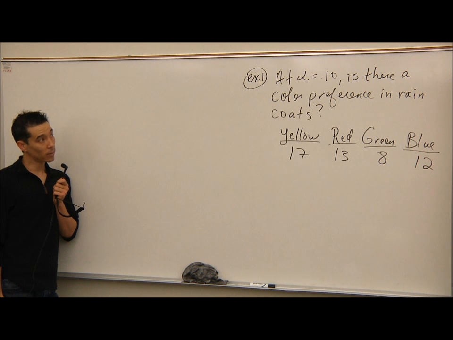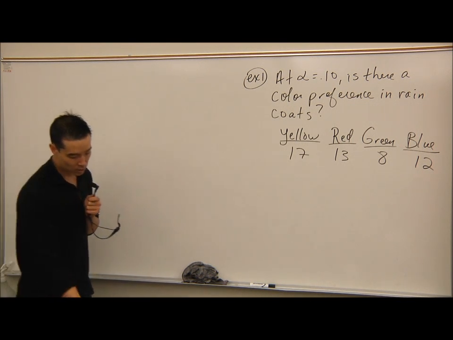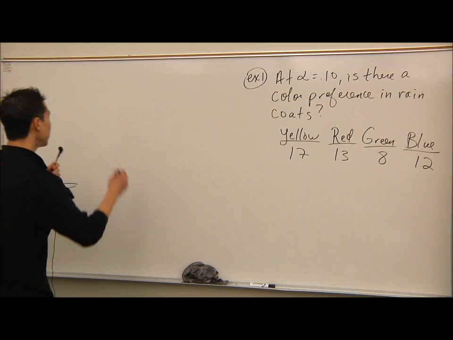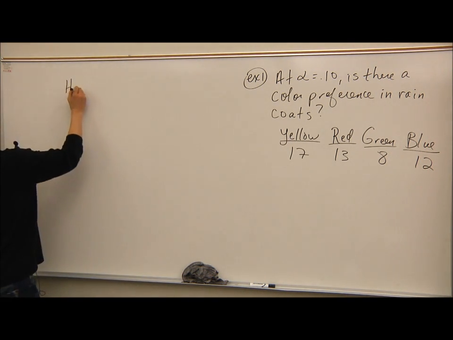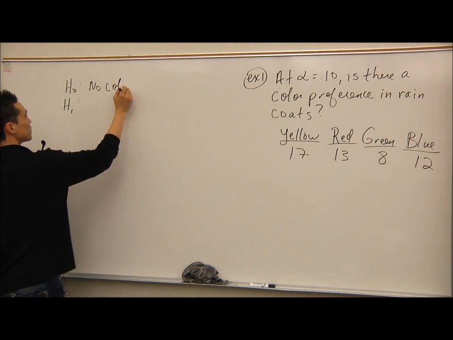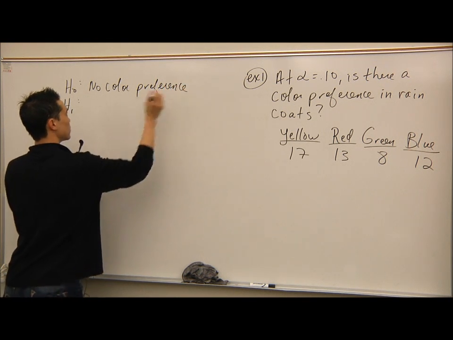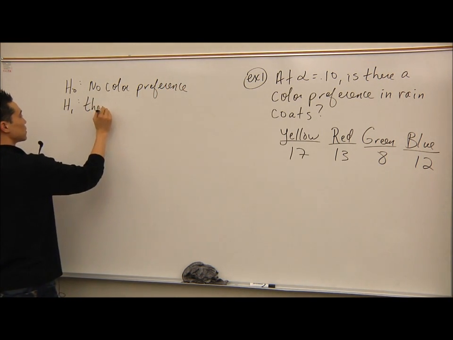What's a little bit weird starting in this chapter is our H0 and H1 are kind of more descriptive as opposed to just mu equals 5, mu not equals 5. So for this one, our H0 and H1 is going to be something like this. No color preference versus there is a color preference.